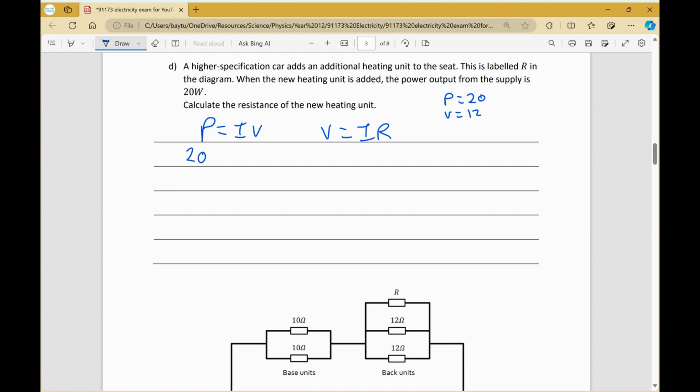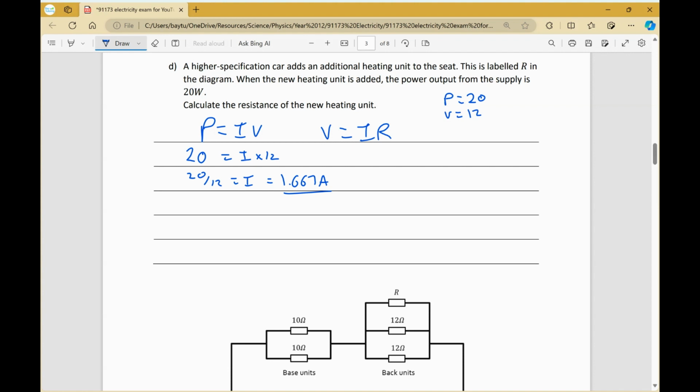So 20 equals I times 12. So 20 divided by 12 will equal the current, which is 1.667 amps. So that's the current in the circuit.